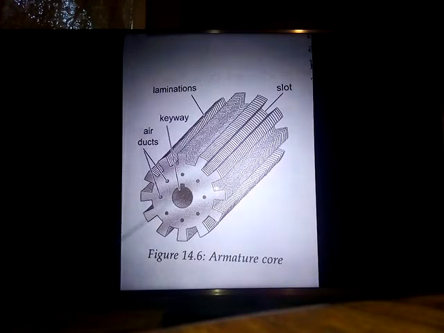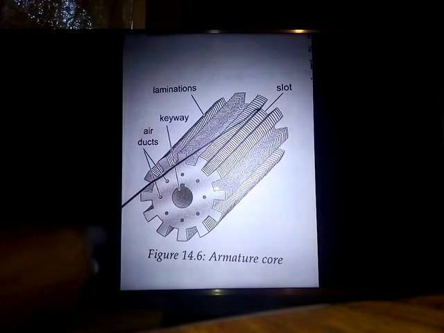So this is the core of the armature, and it consists of a lot of blades put together to form a solid thing, but they are insulated in the middle. What is the purpose of the blades? Remember, when you go to your first slide, the armature rotates, and as it rotates, it heats up. So the purpose is to cool it down and also to get rid of eddy currents.